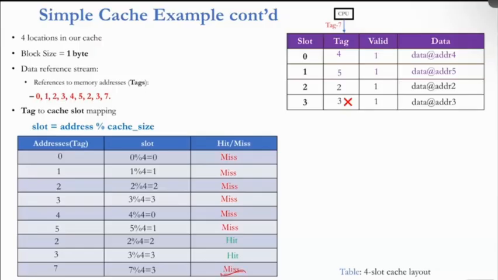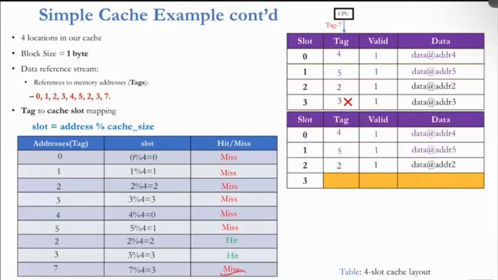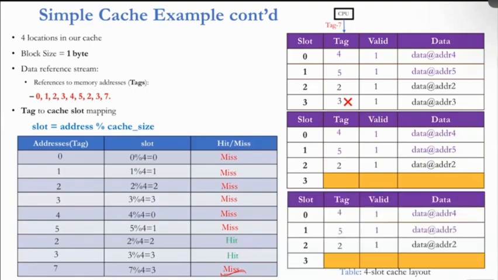When there is a cache miss, cache replacement happens: evict the block of data from cache line 3, then place the new block of data in cache line 3, or slot 3, and update the tag address.